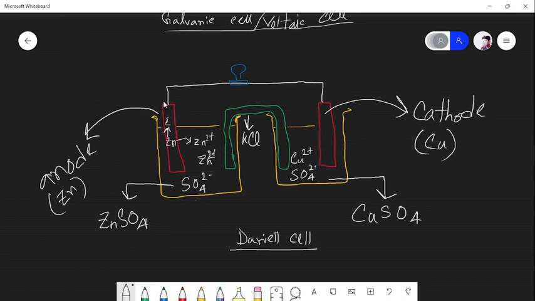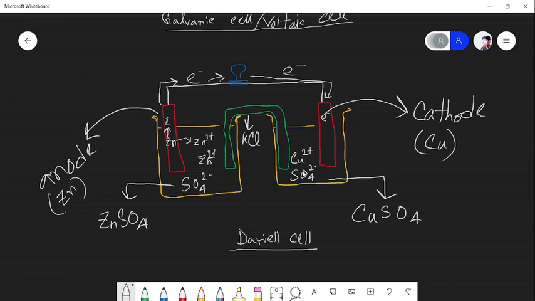Now this electron flows up to this cathode here. So the electron flow did occur, so electricity is passing.